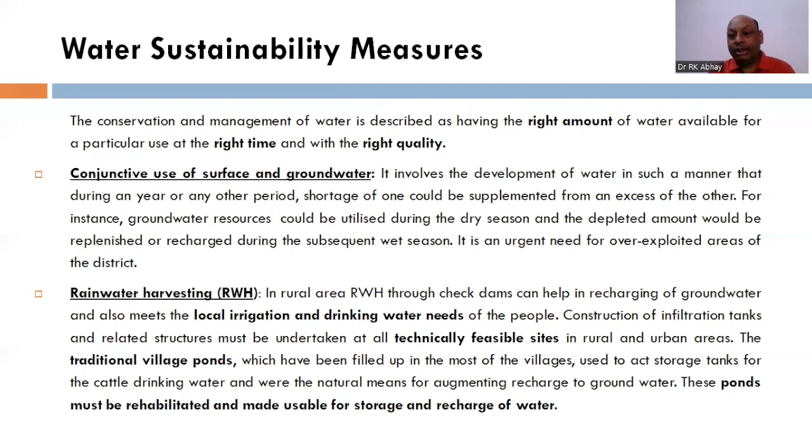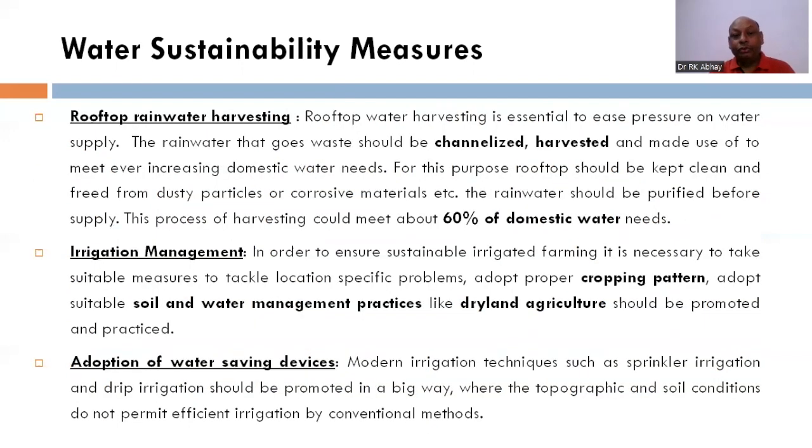And some people are taking great initiatives, which I will discuss in the last section. Rooftop harvesting is very important, particularly for urban areas where the construction is maximum. So if you can't do rainwater harvesting, you make the roofs in such a way that the water is channelized and harvested using tanks and other things.